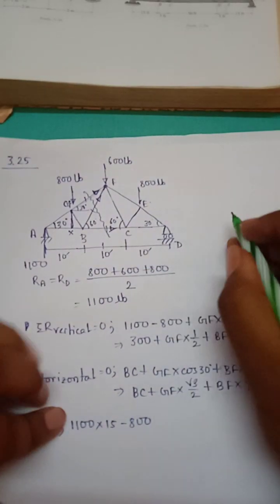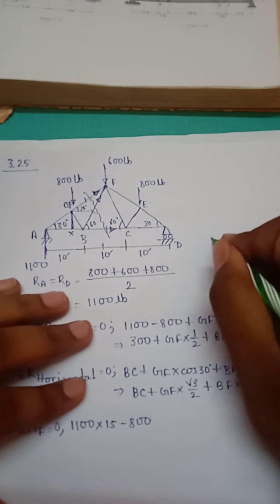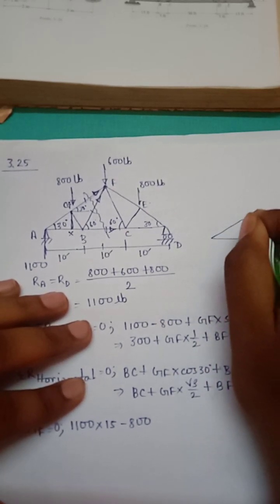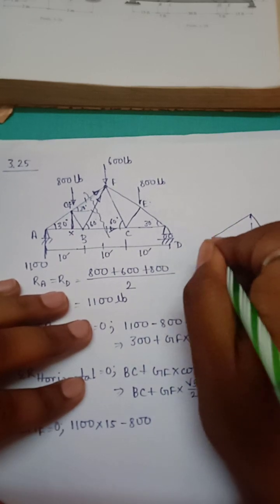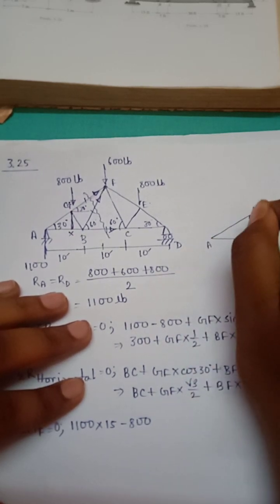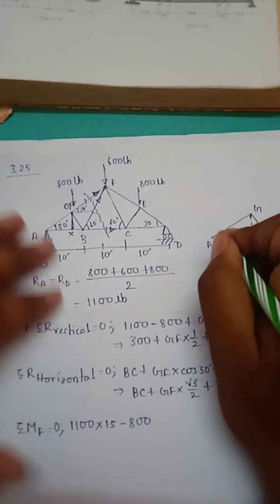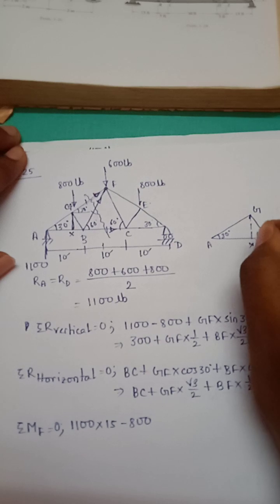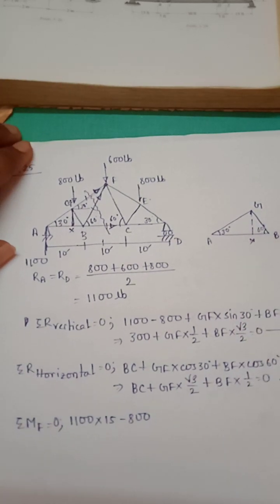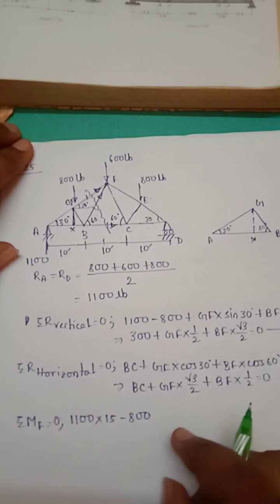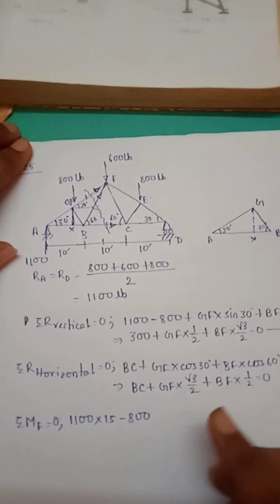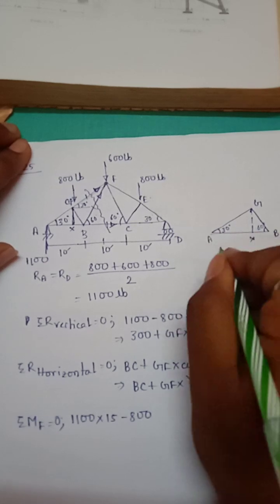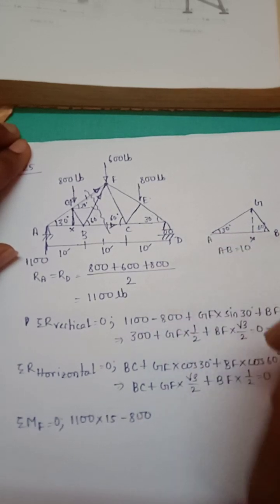So another small task. This is 30 degree, this is 60 degree. Now AB equal to 10, we know AB equal to 10.